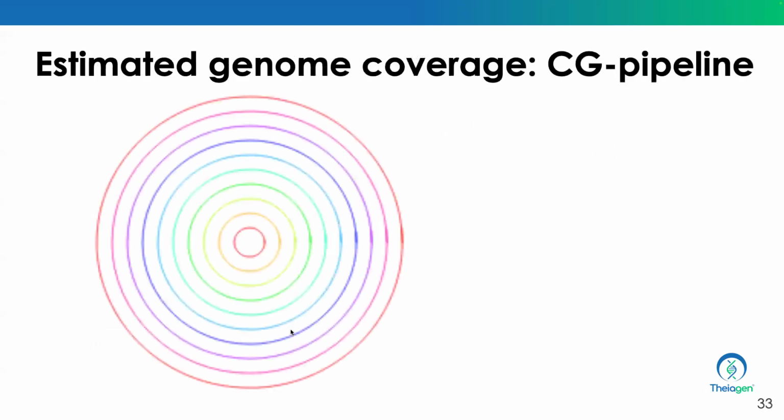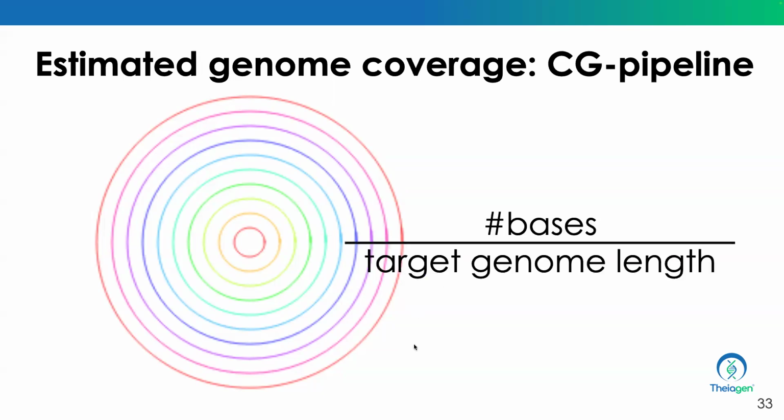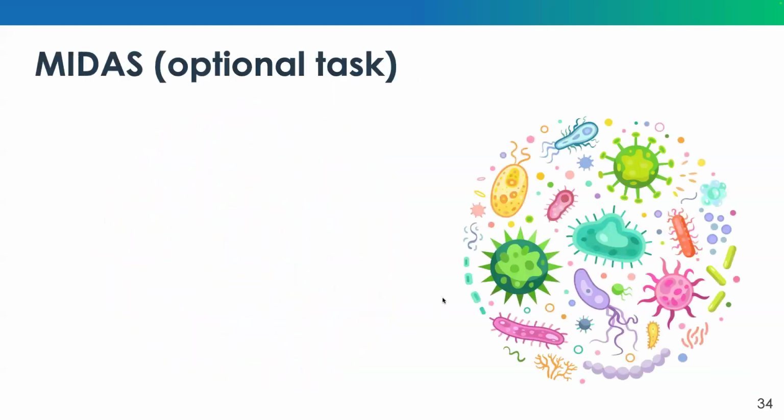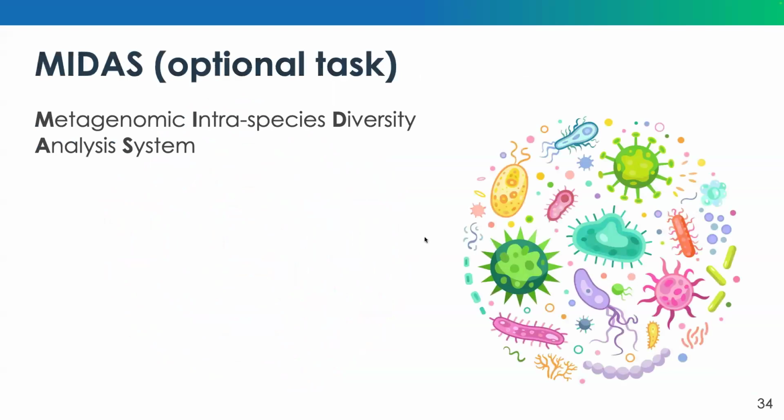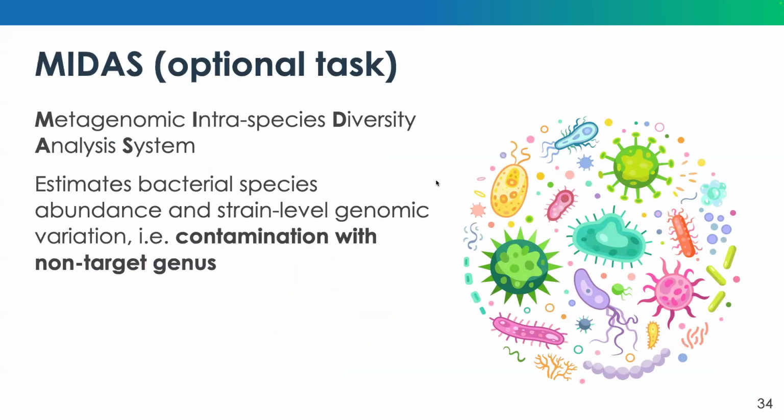Okay, so we also look at the estimated genome coverage. The tool is able to estimate your genome coverage, again, based on the number of bases from your read files. And we have an optional task that is called MIDAS. Some of you might be aware of this. It's the Metagenomic Intra-species Diversity Analysis System. What this does is estimate the bacterial species abundance and strain level genomic variation, or rather the contamination within the non-target genus.